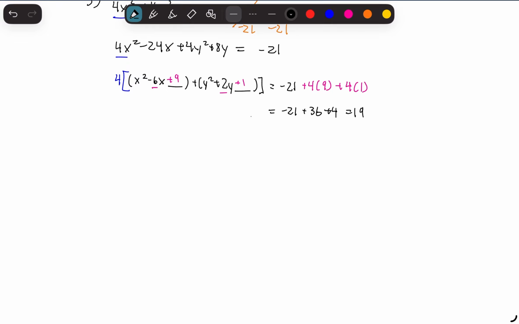That's equal to 19. So on this side, this is going to be 4 times x minus 3 squared, and y plus 1 squared.